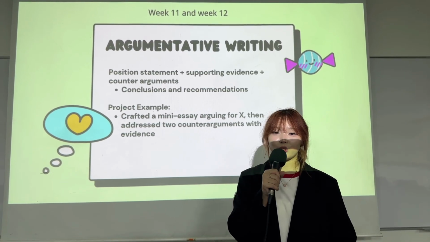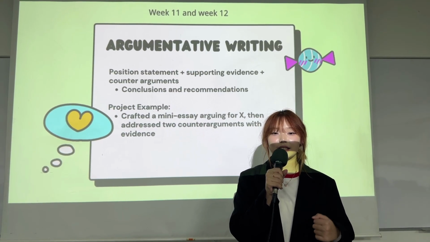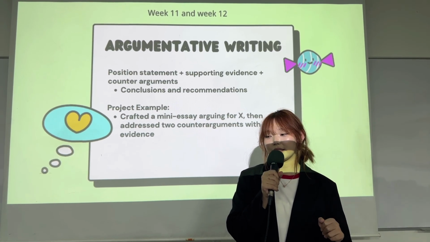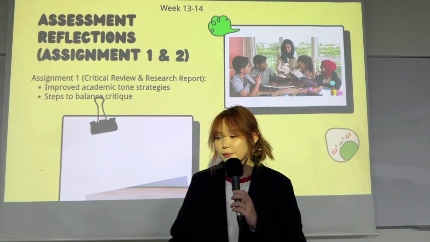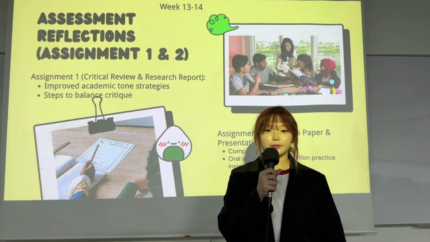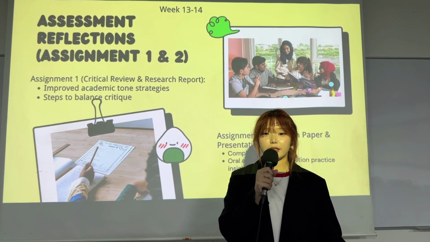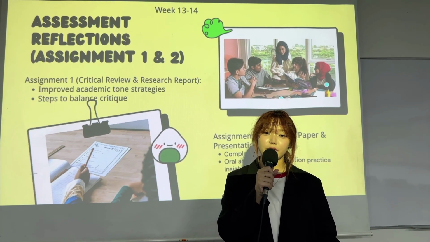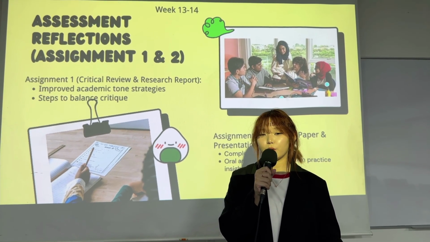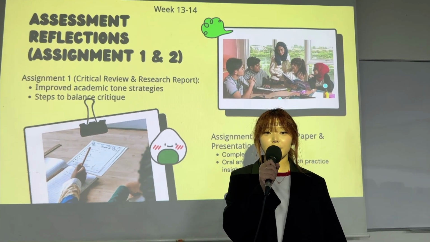So after reviewing all the topics, let's reflect on our two main assessments. Assessment 1 was a group assessment, a critical review, in which I learned how to write in objective academic formats and work with a group to improve communication and problem-solving skills.